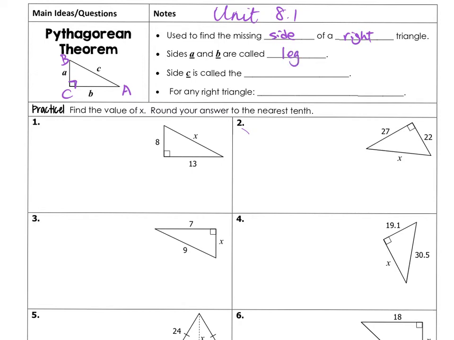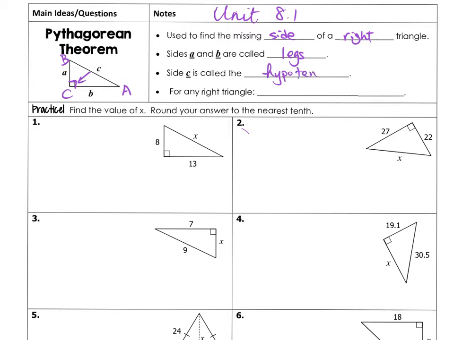And notice that it doesn't matter which leg you call A, which leg you call B. You can switch the A and the B. But it does matter which side you call C, which is the hypotenuse. And that has to be the side facing the 90-degree angle.